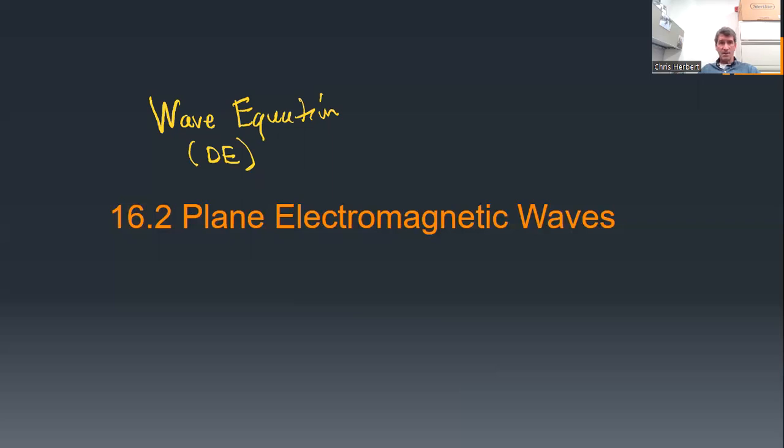And many systems are modeled such that the rules are contained in the differential equations with different derivatives, okay? Differential equations have solutions, okay? And in this case, one of the solutions of the wave equation is a plane wave, a wavefront that forms a plane. You can also have cylindrical waves. You can also have spherical waves. These satisfy the wave equation, okay? But we're going to concentrate on the plane wave.